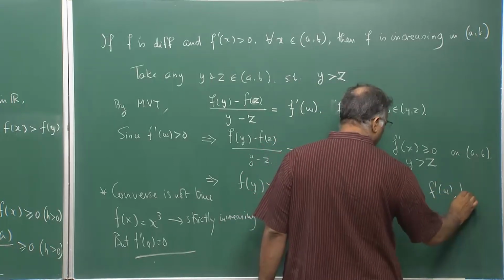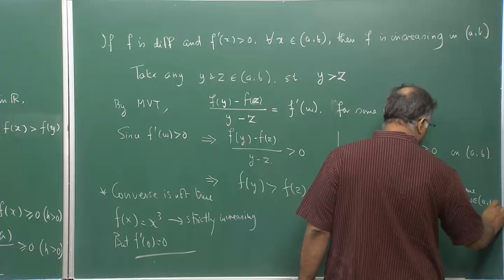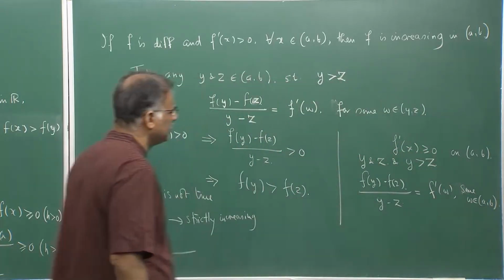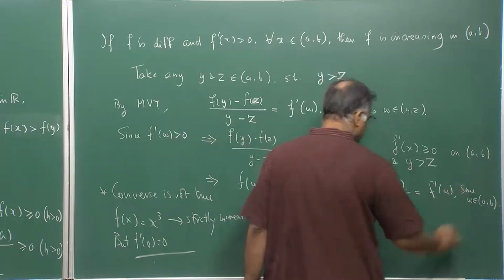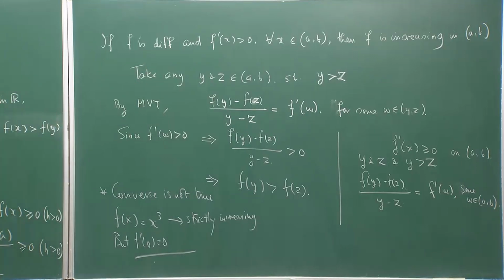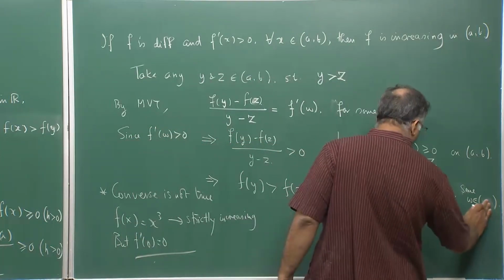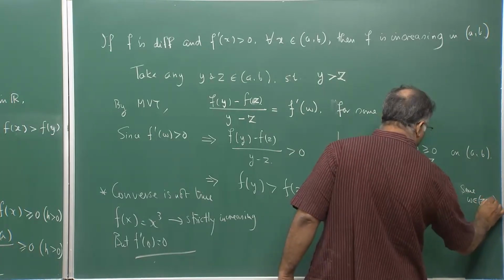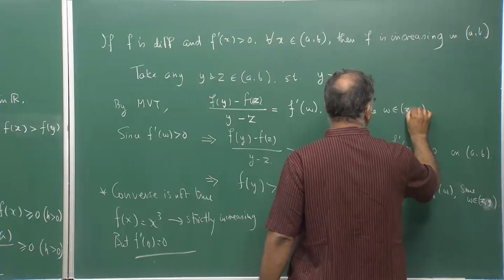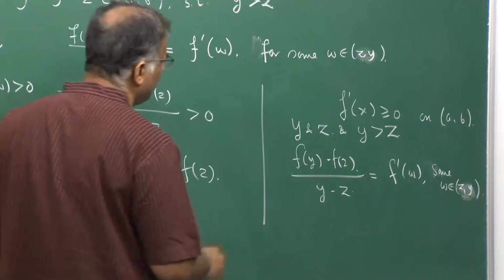F dash w for some w in z y. Here it should be z y because z is lesser than y. So, z should be on the left and y should be on the right.